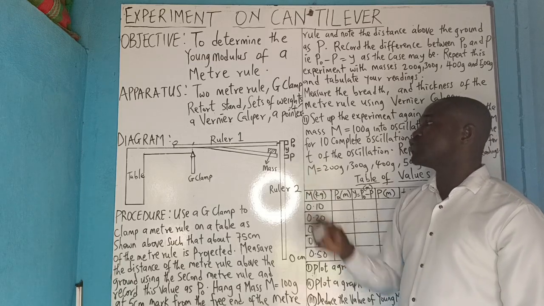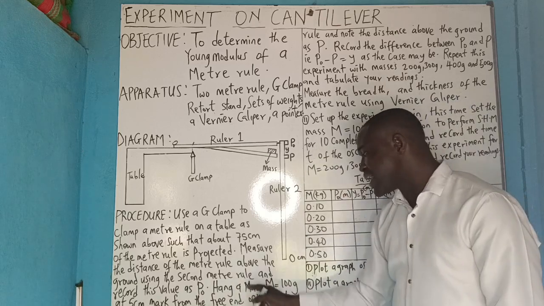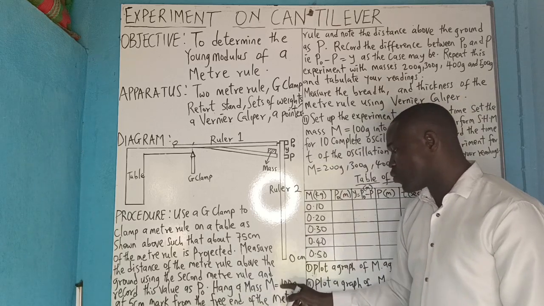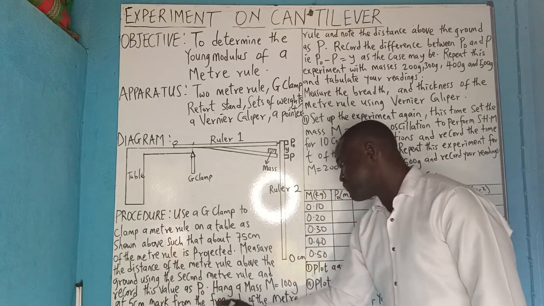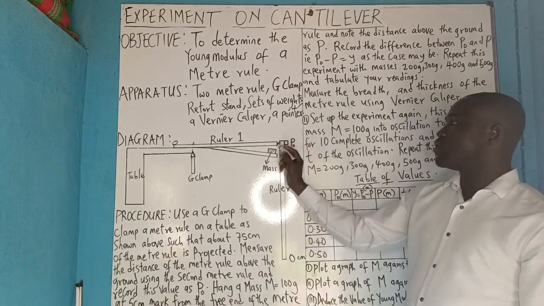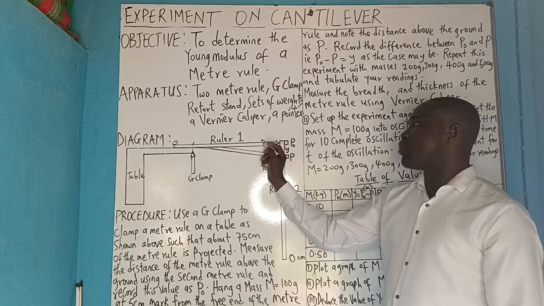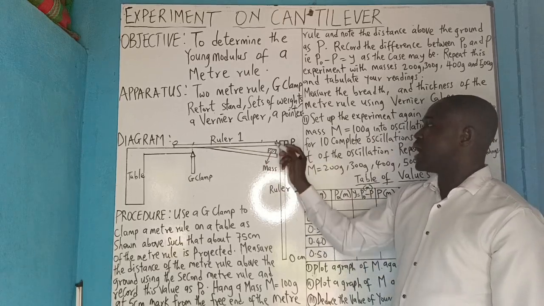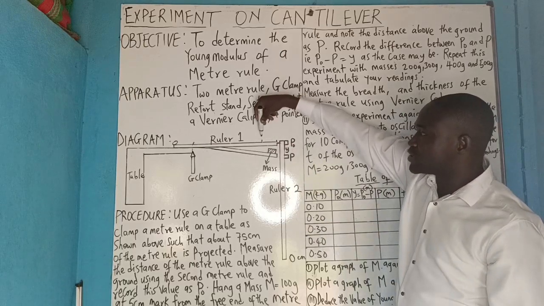When you call it your P0, then hang a mass M equals 100 gram at the 5 cm mark from the free end of the meter rule. Look at the free end of the meter rule. So measure 5 cm and put your mass on it.